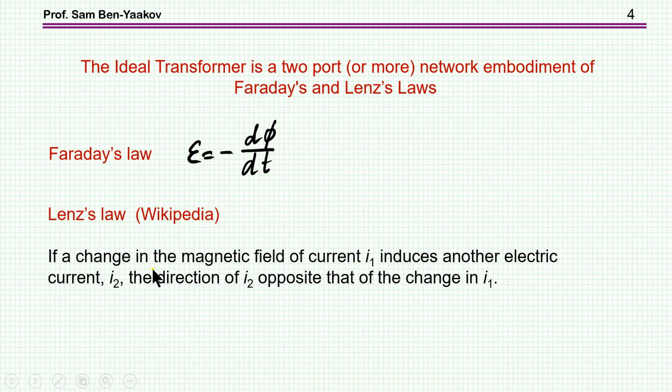On the other hand, Lenz's law says that if a change in a magnetic field of current I1 induces another electric current I2, the direction of I2 is opposite that of the change in I1. That is, if you have an induced current, then this current will oppose the original current, sort of cancel it out. We'll talk about it and the reason for that in a couple of slides later.